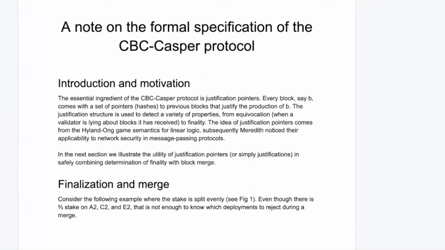So if you're interested in the background, I heartily recommend Hyland and Ong's papers on game semantics for linear logic. They are effectively using justification pointers in much the same way we are. It allows them to enforce single-threadedness and other kinds of things.